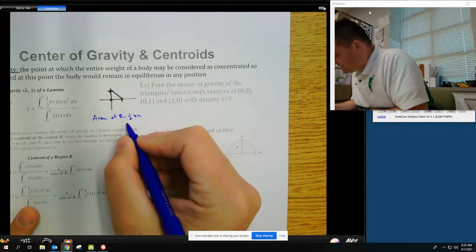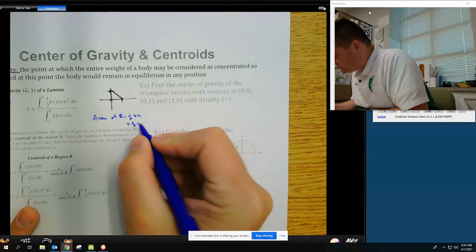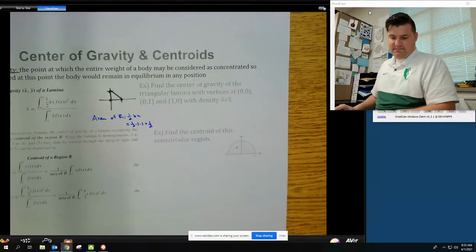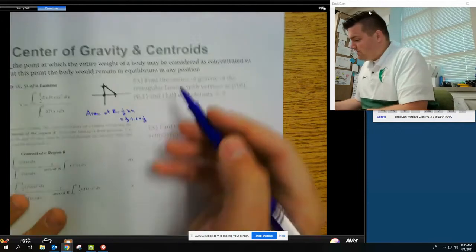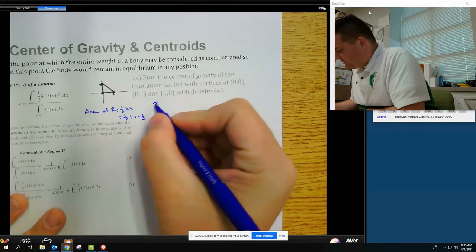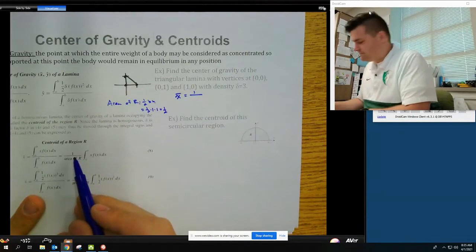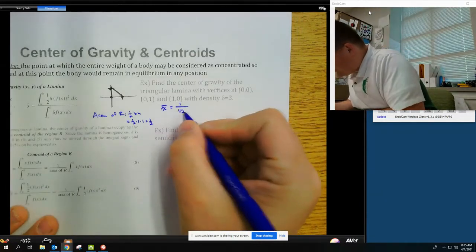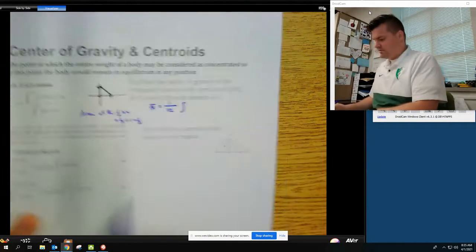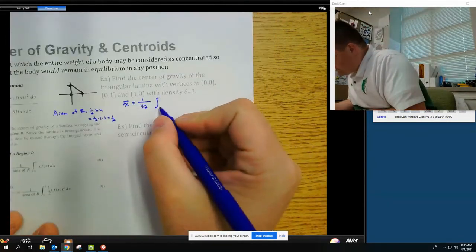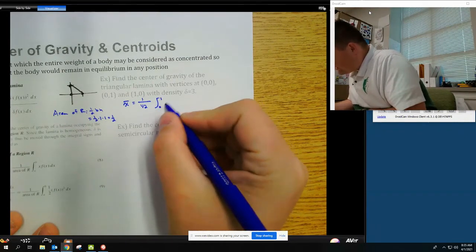So this is going to be 1/2 times 1 times 1, which is 1/2. To find the x center, we're going to do 1 over the area of R, which is 1/2, and we're going to integrate. This is all dx's, so we're going to go from left to right, from 0 to 1 of x times f of x.